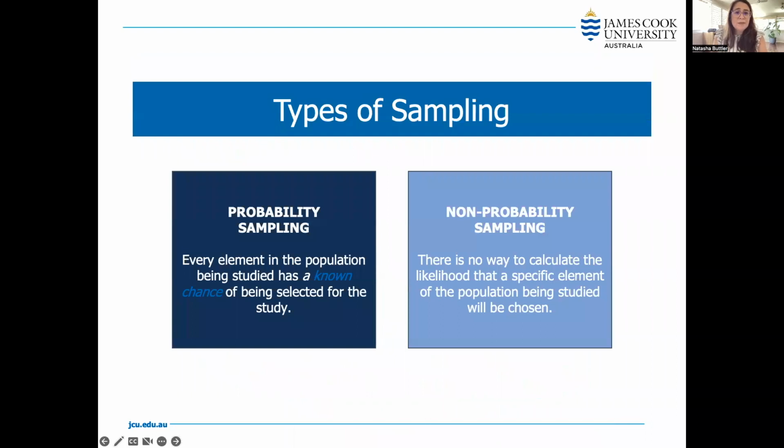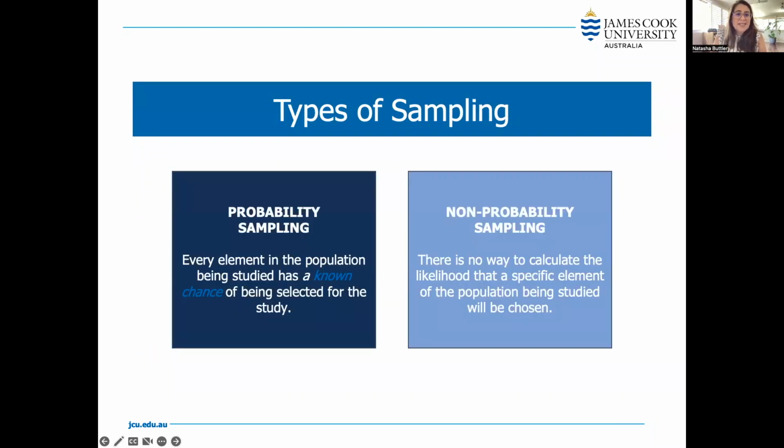Then when it comes to our sampling, we have probability sampling and non-probability sampling. When we're looking at probability sampling, that means every element in the population being studied has a known chance of being selected for the study. Whereas if it's non-probability sampling, there is no way to calculate the likelihood that a specific element of the population being studied will be chosen.